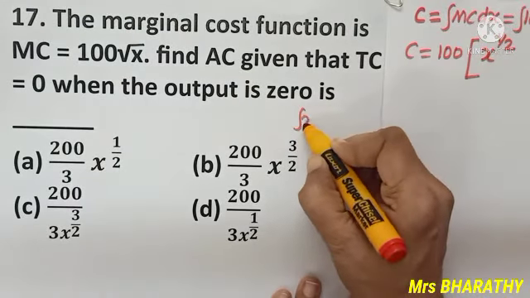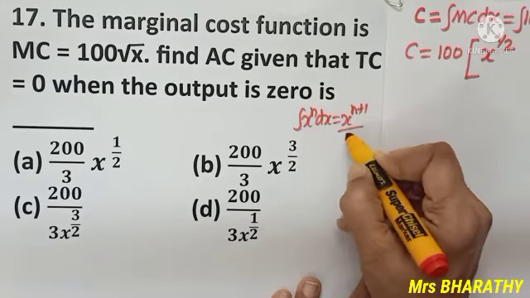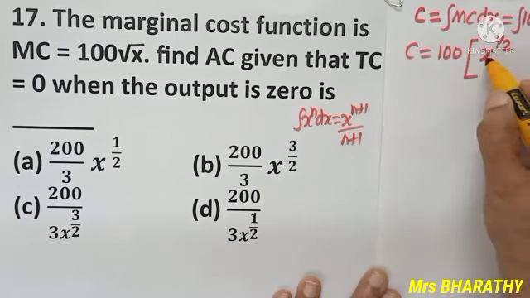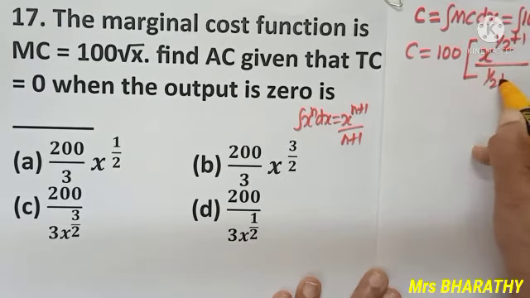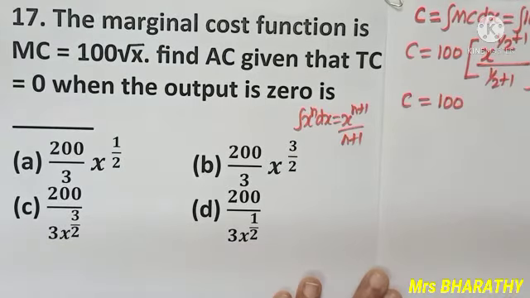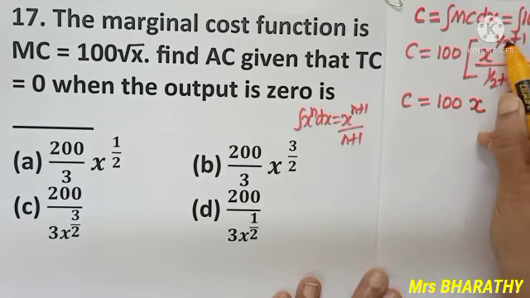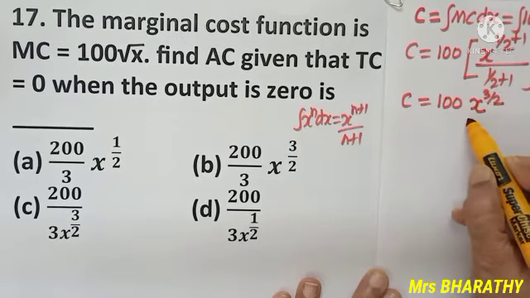Recall the formula. Integral x power n dx is x power n plus 1 by n plus 1. As I substitute, x power half plus 1 by half plus 1 plus constant k. As we simplify, x power half plus 1, 2 plus 1, 3 by 2.